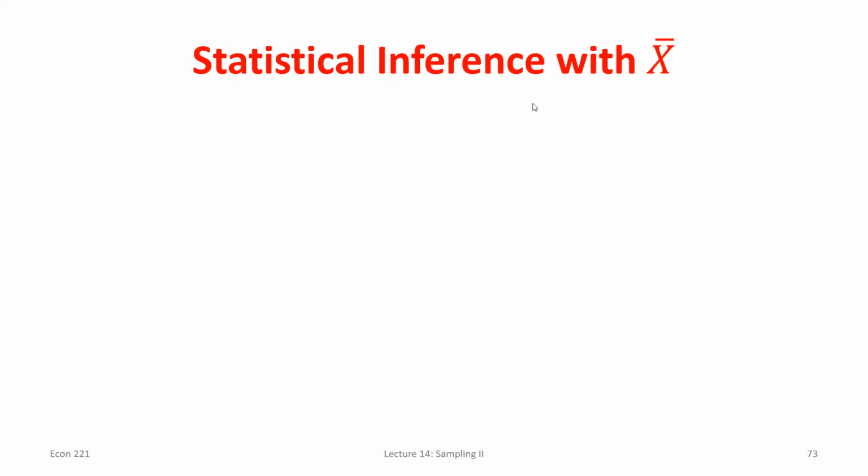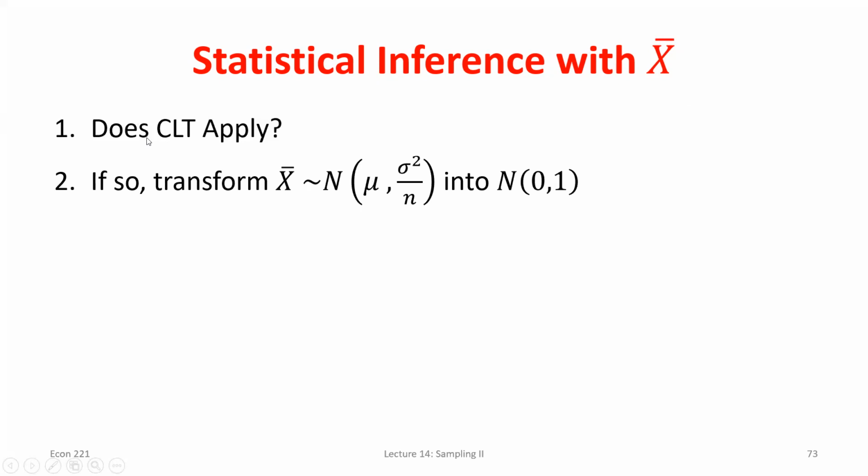So now that I know this, what I can do is ask, does the central limit theorem apply? Do I have a sample that's over 100? If it does, I can start to find things like, what's the probability that if I took one sample, the sample mean for birth weight was over 3,000?